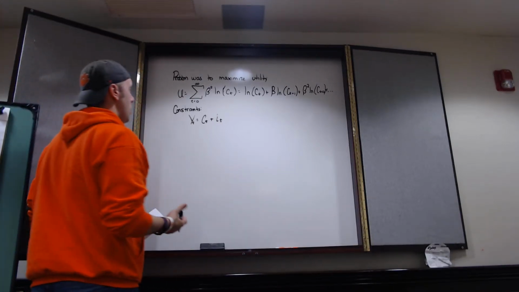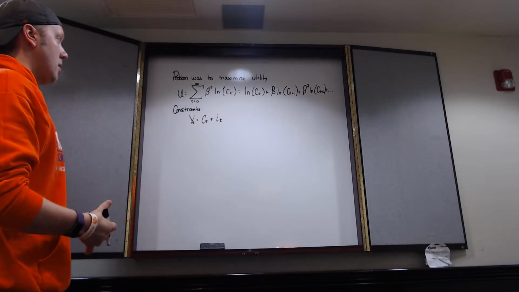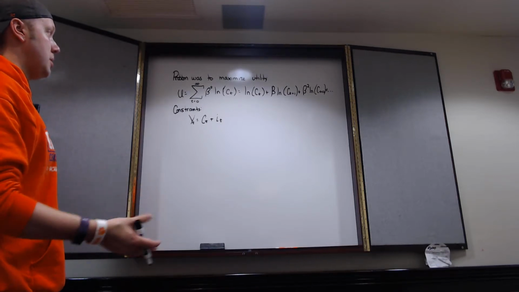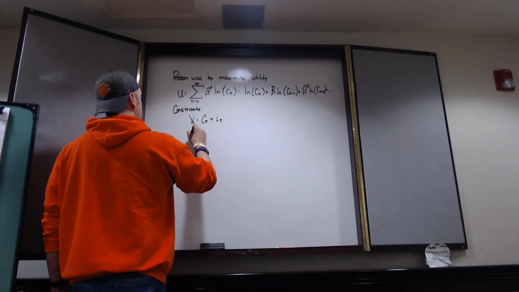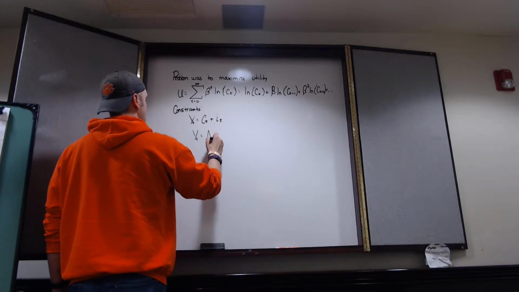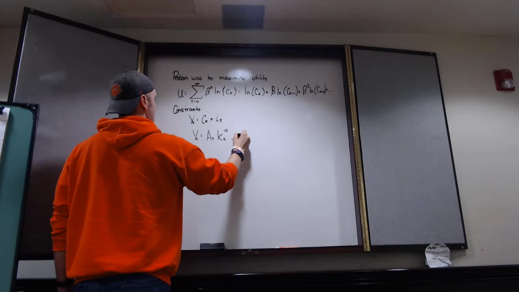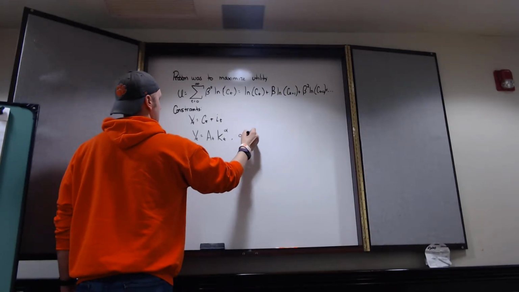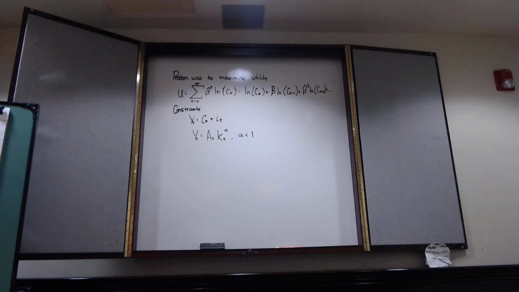So if output were 100 and we consume 20, that means we have to be investing 80. The sum of consumption and investment can never exceed output. But we also have a functional form for output, which is A times K_t to the alpha, where alpha is less than 1.